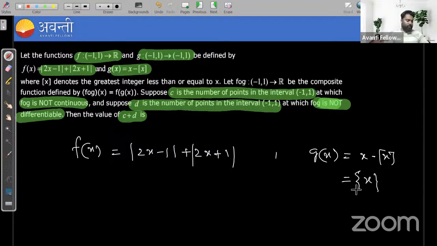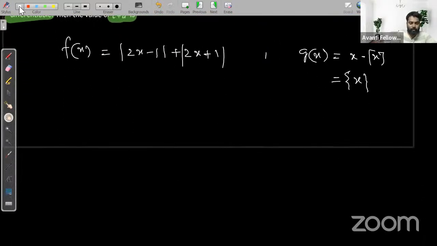It's very simple, na? It is fractional part of x, it is given. Clear? Okay. So we need to observe the given function f of x in the interval minus 1 to 1, right?